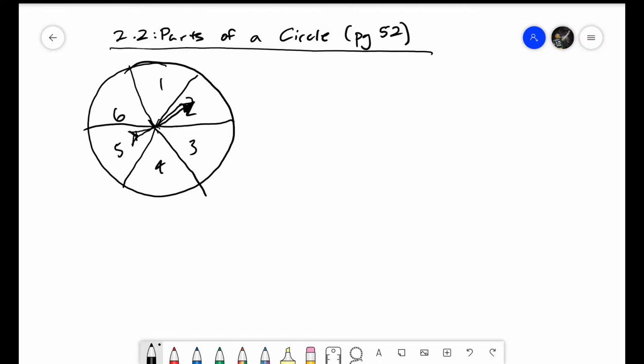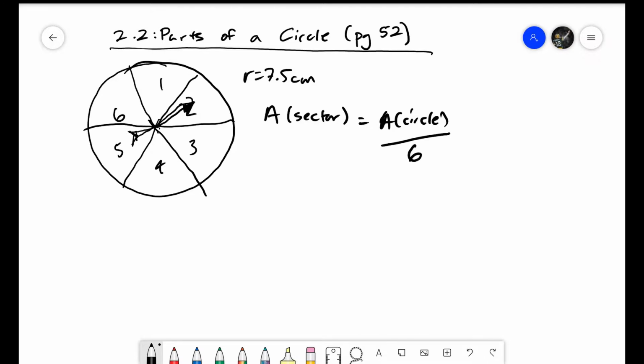The next problem is as follows. You have a spinner with a radius of 7.5 centimeters, and it's divided into 6 equal sectors. The problem is to find the area of each of the sectors. Now, since each of the sectors has equal area, and they all add up to the area of the circle, the area of one sector is equal to the area of the circle divided by 6.